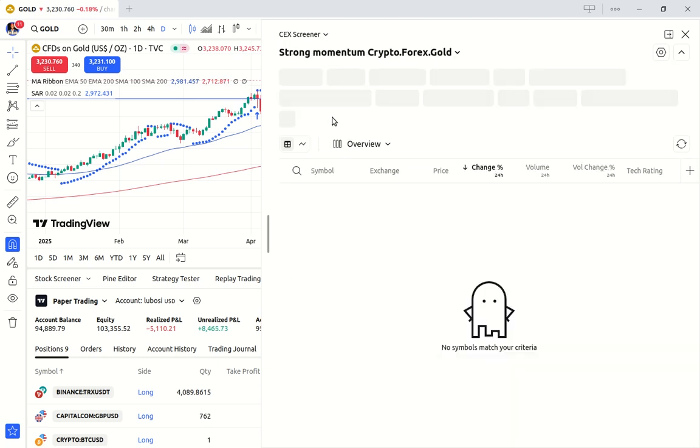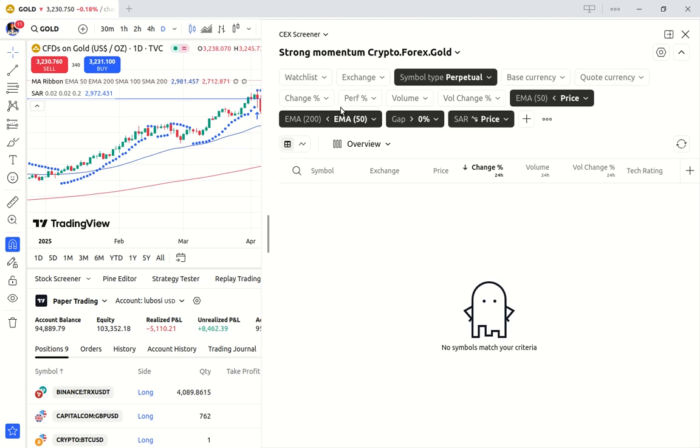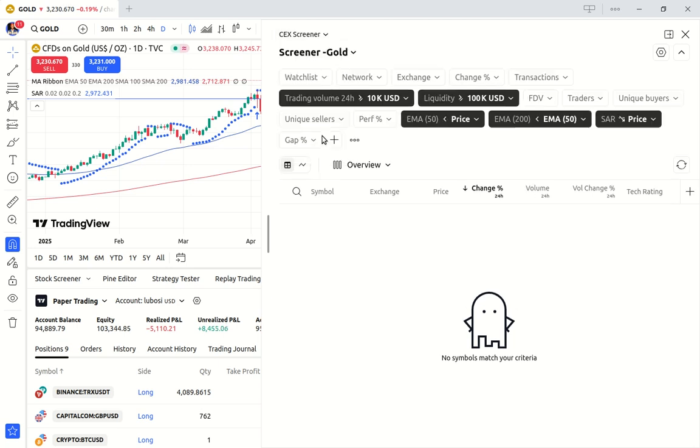Now there is one screener where I do not use the common gap, and I think that's a decentralized exchange screener. I do this on purpose because I just want to see what the market makers are looking for. So I purposely remove the gap.